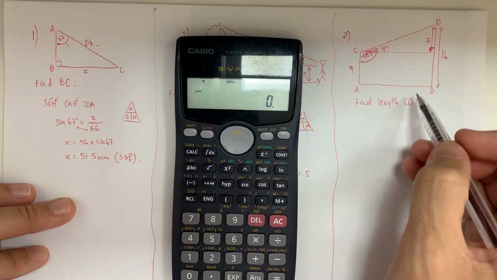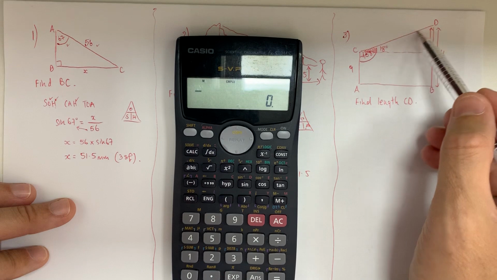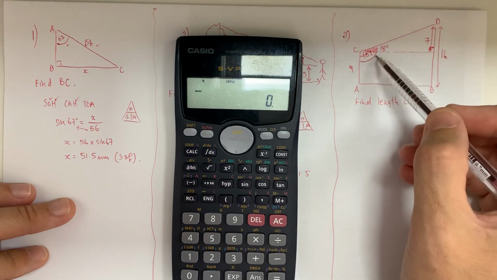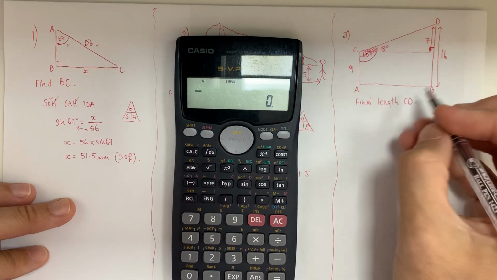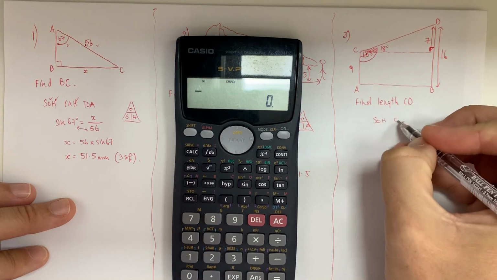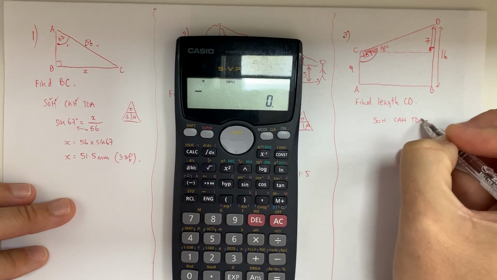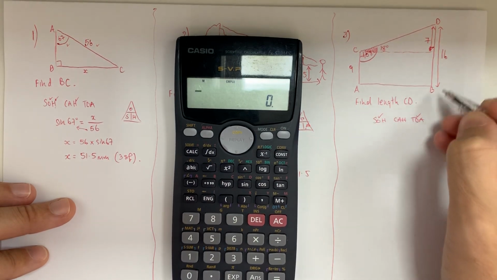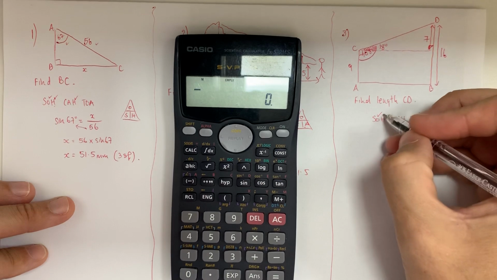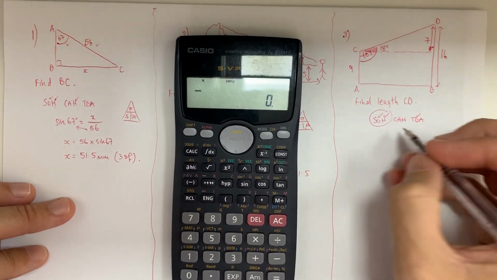Now it asks me for CD. So CD is here. So again, I've got an angle, I've got an opposite, and I want a hypotenuse. So SOHCAHTOA. Again, I said I've got an opposite, but I want the hypotenuse this time. So it's going to be sine.